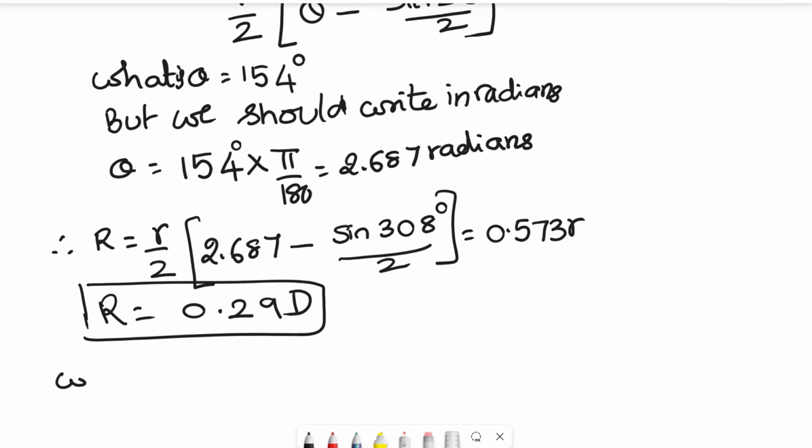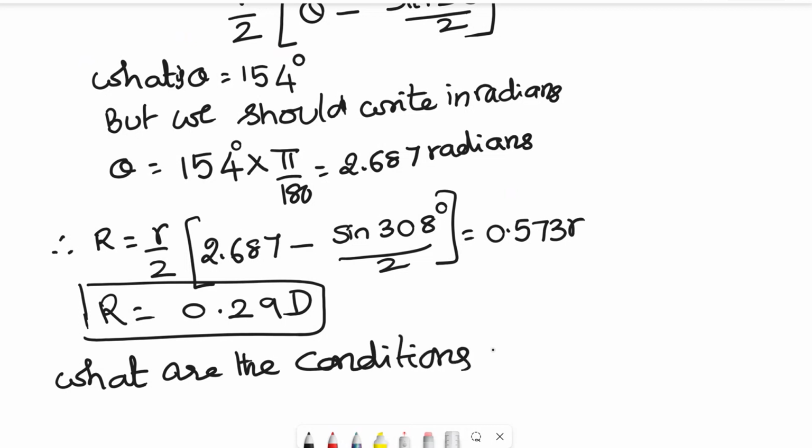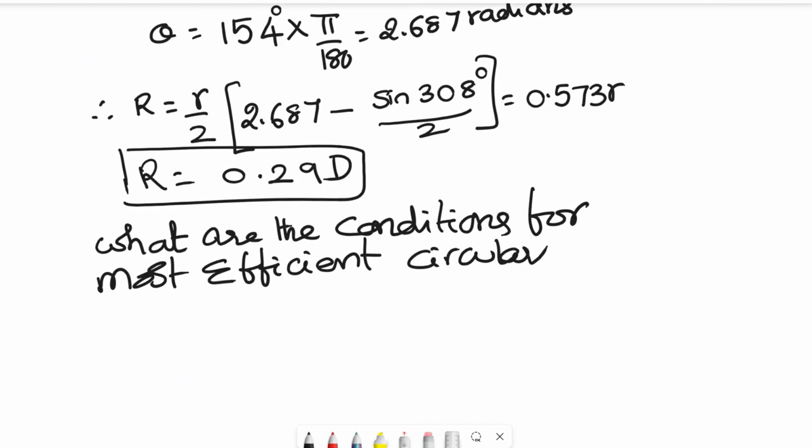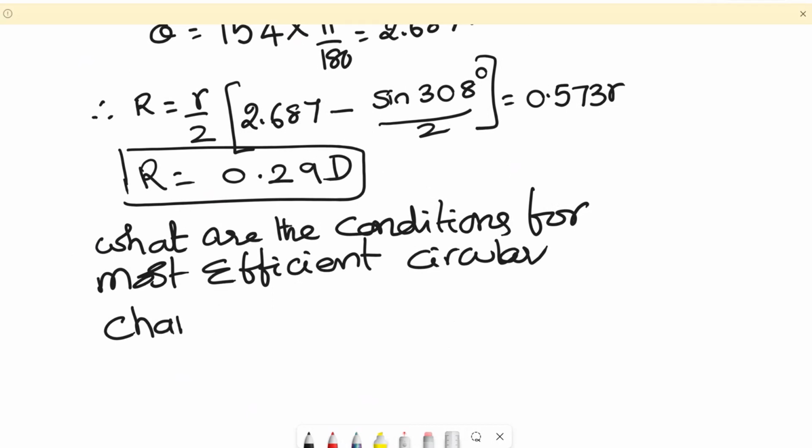Therefore, what are the conditions now for the most efficient circular channel section?